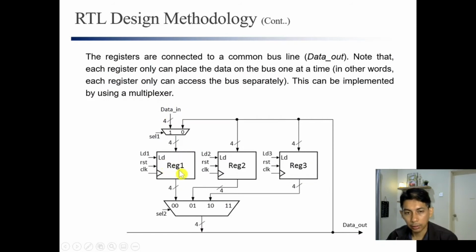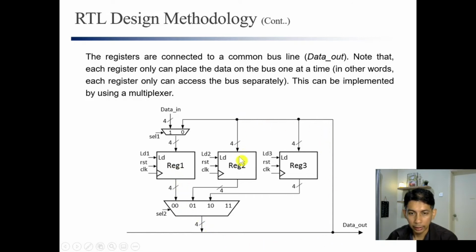And the next operation is to move the data from here into REG2 in the next state. To do that, this one must be 0, 0, so that the data from rack 1 will go to the bus.